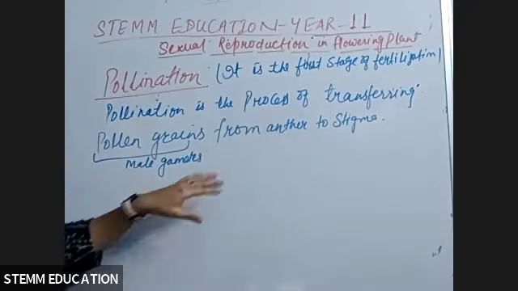Fine. Have you understood? Do you have your book with you? Okay. If you have the book, refer to page number 202. Here you can see a picture, a diagram of a young flower anther.